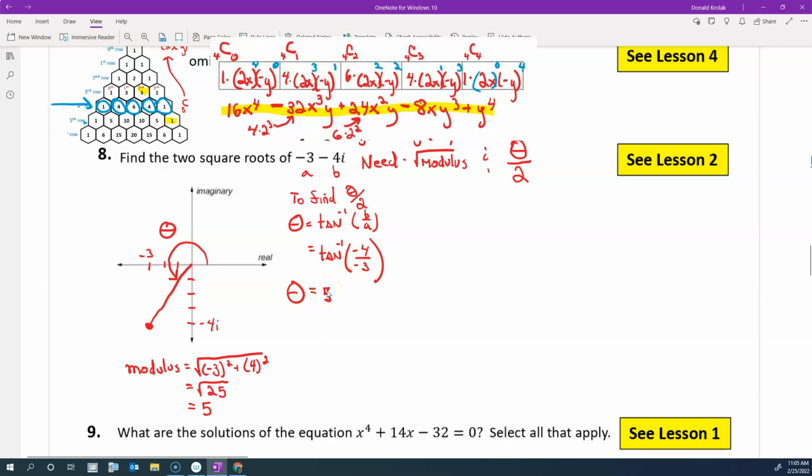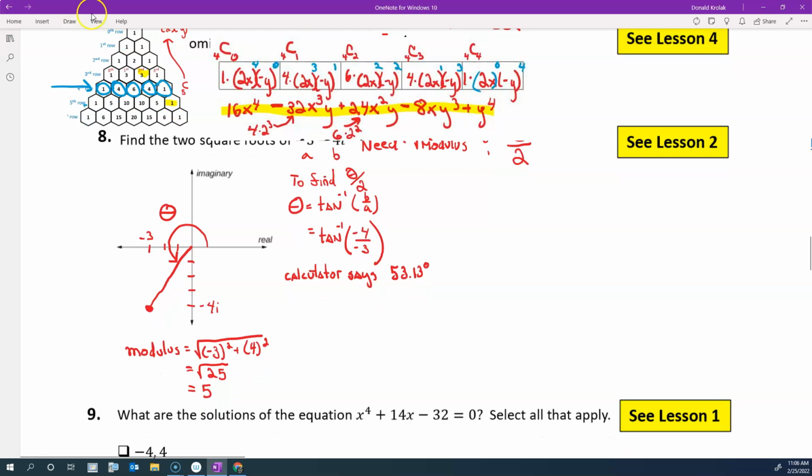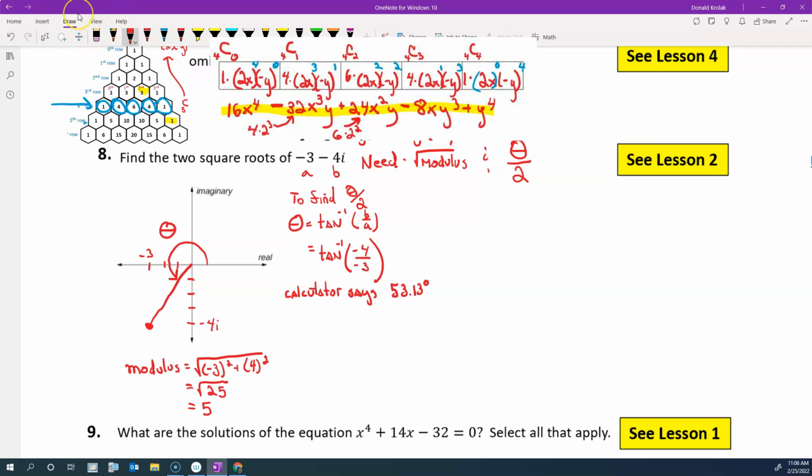So what comes out of my calculator is 53 degrees. Now, that is not theta. That's what comes out of my calculator. Okay, now, that's not your theta here. You have to think about this a little bit.